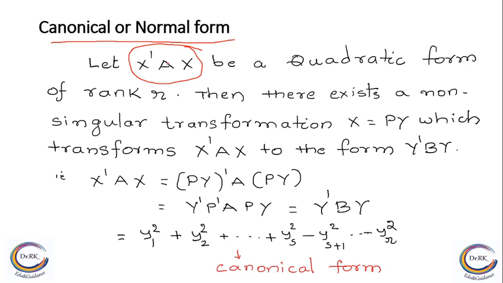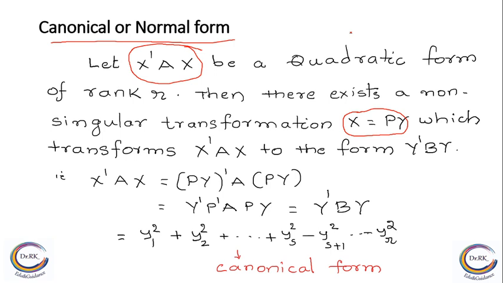Suppose there exists a transformation x equal to Py. What does it mean? As seen earlier in terms of homogeneous and non-homogeneous equations, suppose we had a set of equations like x1 equal to 2y1 plus 3y2, x2 equal to 4y1 plus 3y2.